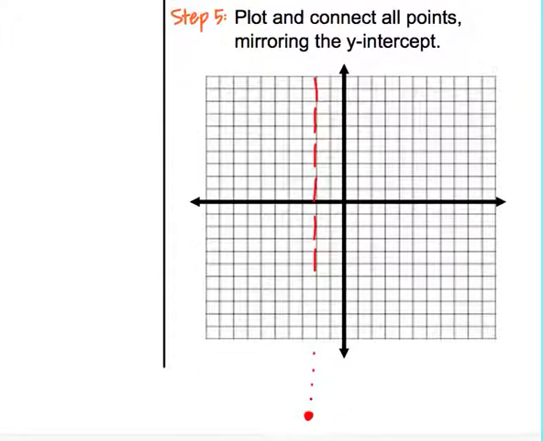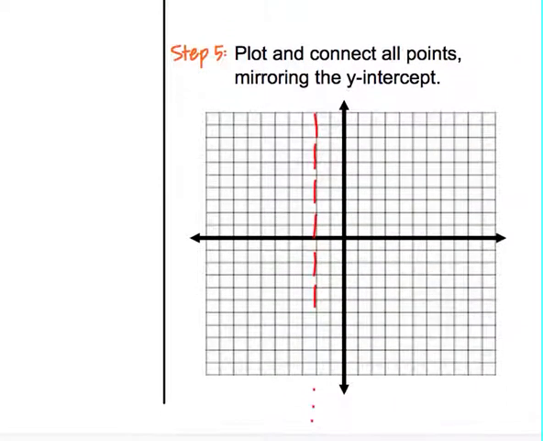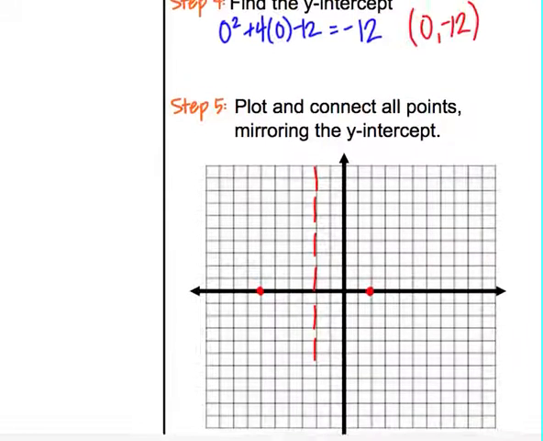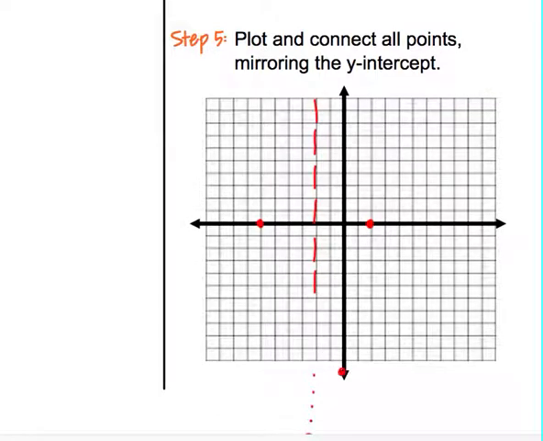And then if I scroll back up here, I have negative 6, 0, and 2, 0. So 2, 0, and negative 6, 0. And then I see that my y-intercept is at 0, negative 12, which is going to be here. And if I mirror that, that's going to be over here.